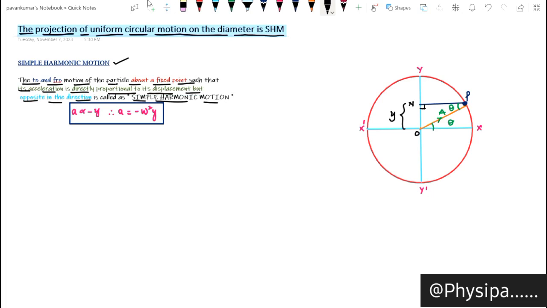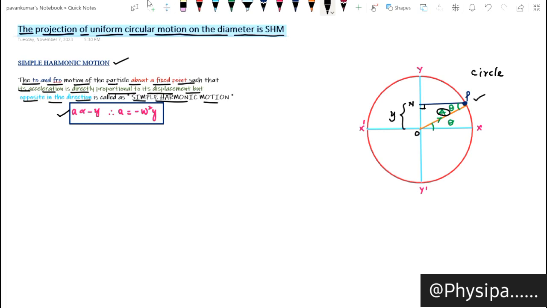This statement can be represented mathematically as a is directly proportional to minus y, therefore a is equal to minus omega square y. Now let us consider a circle, as shown in the figure, of radius A. Along this circle, a particle is rotating.